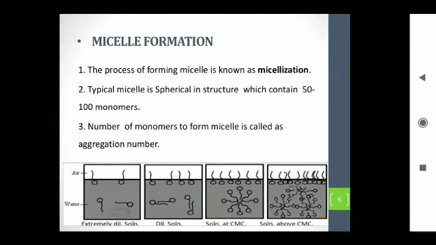The process of formation of micelles is called micellization. Typical micelles are spherical in shape, having 50 to 100 monomers. The number of monomers that form a micelle is called the aggregation number.